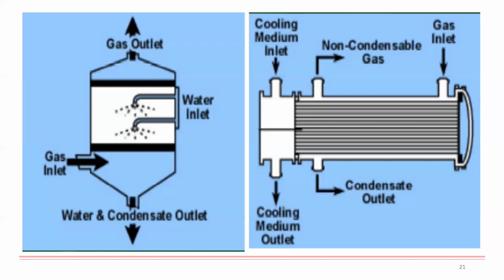So if your gas mixture or the air has condensable pollutants, then with the help of this shell and tube heat exchanger, we can separate out these pollutants with the condensation technique. So these are the different air pollution controlling devices.